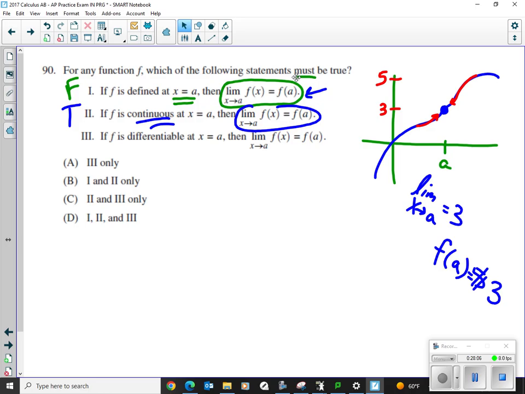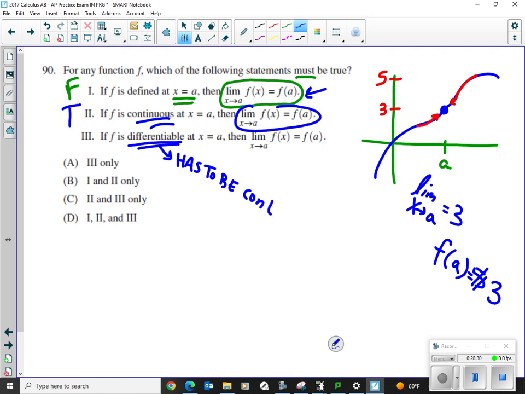And 3, if f is differentiable at x equals a, then the limit as x approaches a of f of x equals f of a. This is a little dig at your brain here, because if it's differentiable, it has to be continuous as well.